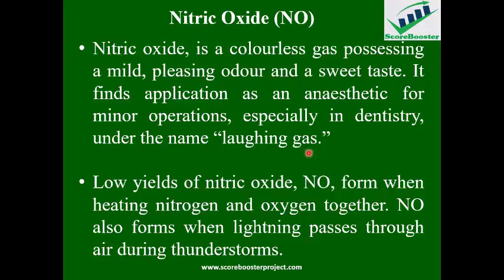To produce this nitric oxide, we can react oxygen and nitrogen. Don't forget I said nitrogen is ordinarily not reactive, but as I explained earlier with lightning, oxygen can react with nitrogen to form nitric oxide.